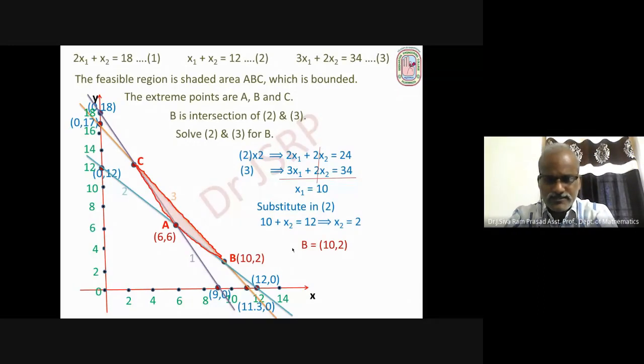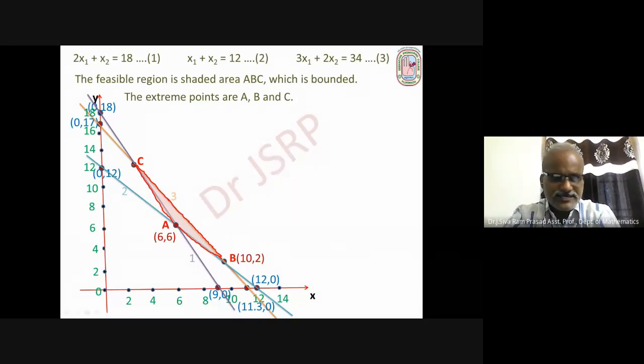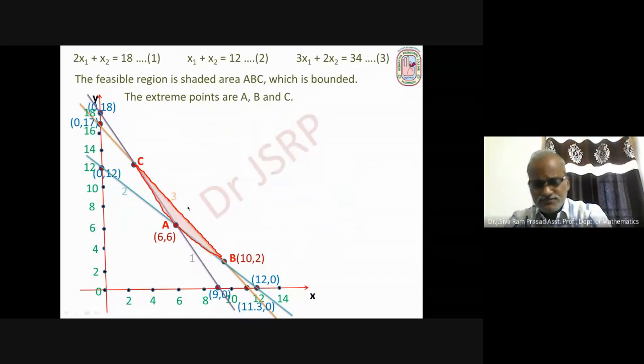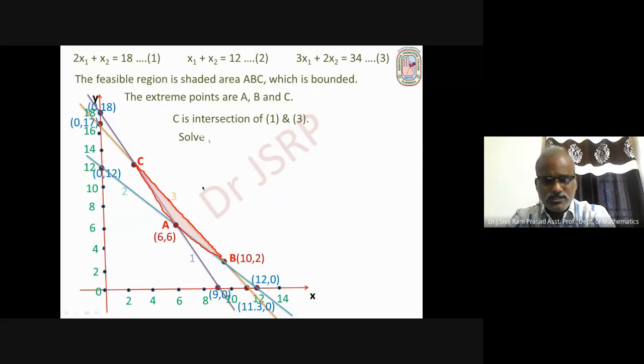Next, C. C is the intersection of these two lines, this yellow line and blue line. The yellow line is the third equation, the blue line is the first equation. So C is the intersection of 1 and 3. Sorry, this is a mistake.